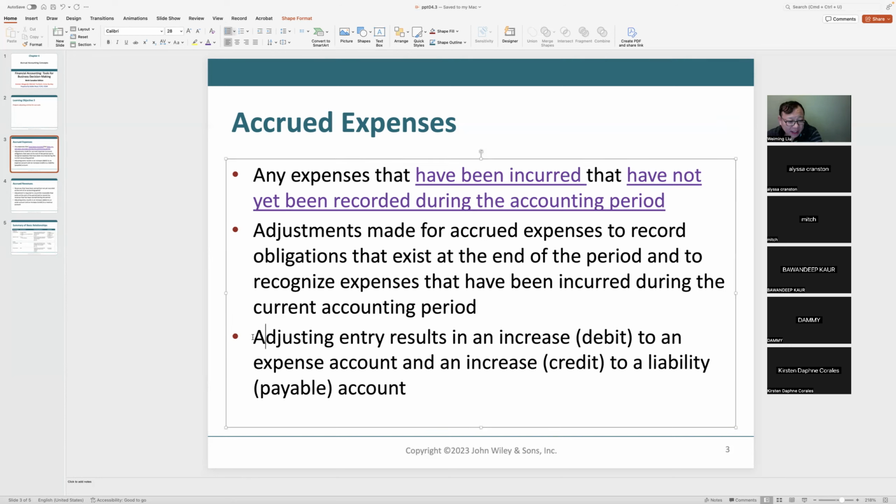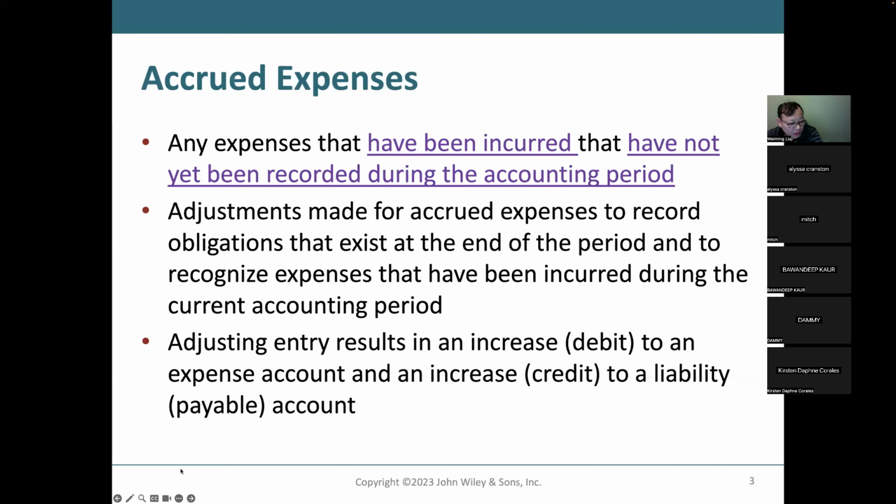And then the adjusting entry result would be, for example, in my case, I'm going to increase their expenses because they didn't recognize their accounting expense, for $3,000. So this is the fiscal year end, June 30th. But they haven't paid me yet on this date.